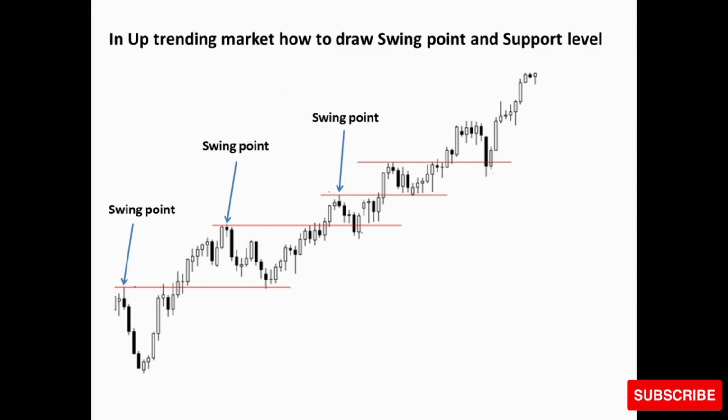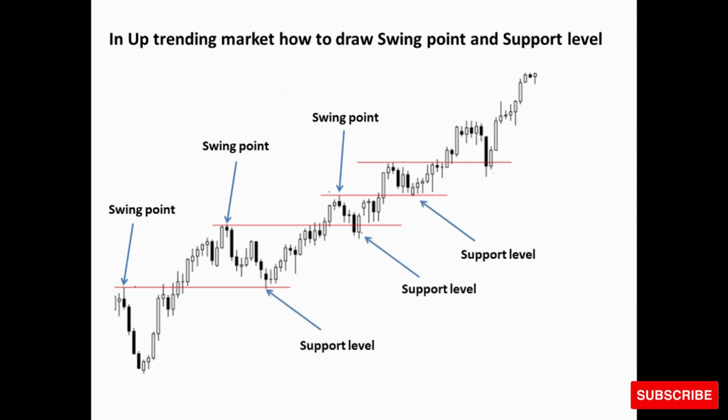In trending markets, support and resistance are formed from swing points. In an uptrend, the previous swing point acts as a support level, and in a downtrend, the old swing point acts as a resistance level. The given chart shows how the previous swing point acts as a support level after the breakout.